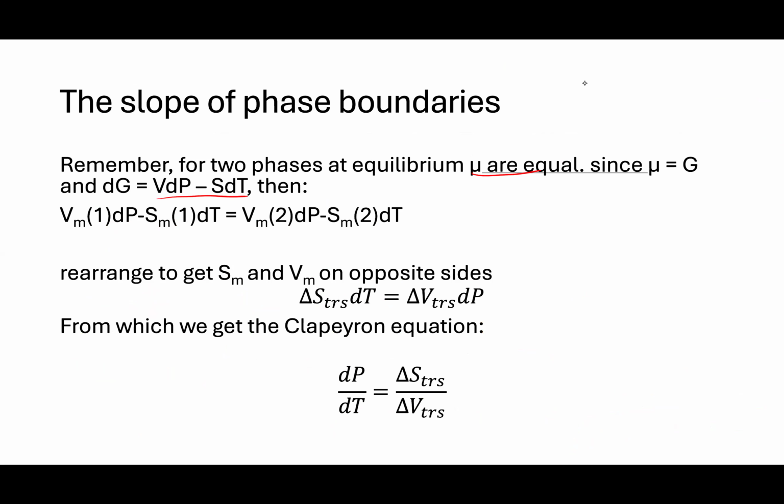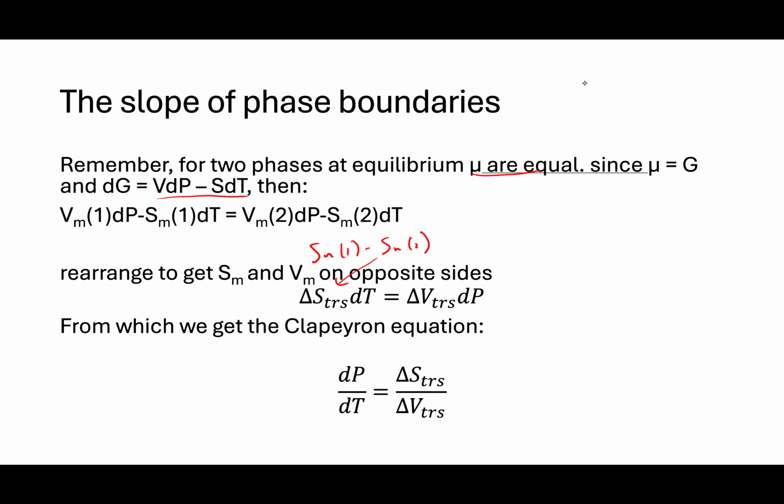If we rearrange them to put S's on one side and V's on the other, then S1 minus S2 is the same thing as the entropy of the transition going from one phase to another. This is the delta S of the transition. Same thing with the molar volume: it's the change in the molar volume of this transition.